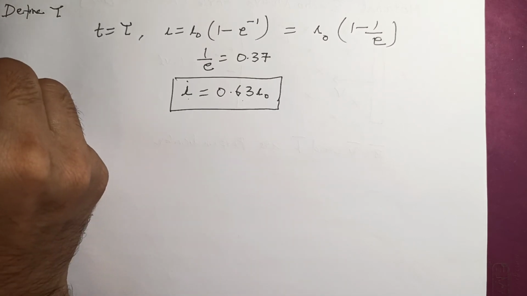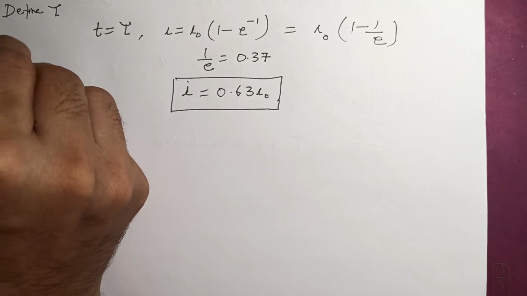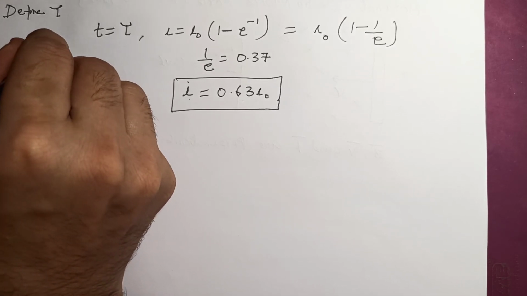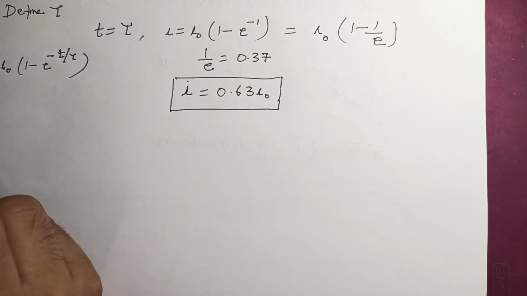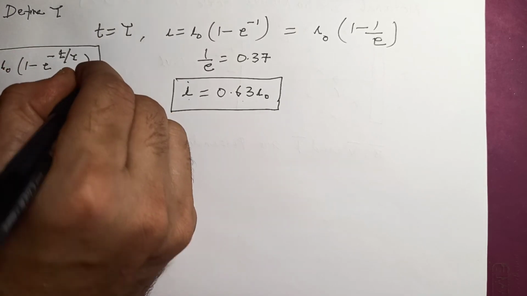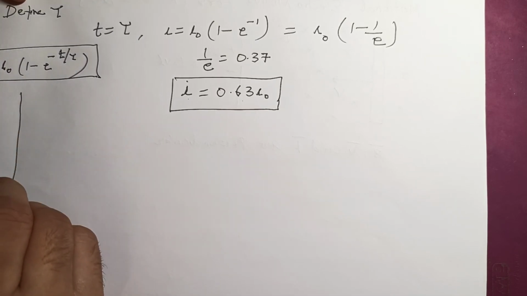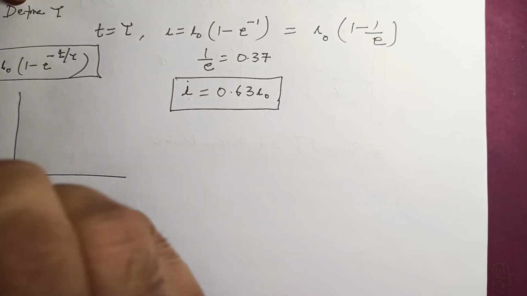Okay. Now let's try to put a graph of whatever we have done. So we know, I is equal to I naught (1 minus e to the power minus t by tau). Correct? This is what we have derived in the last sheet. Now if I have to draw the graph, it is exponential.